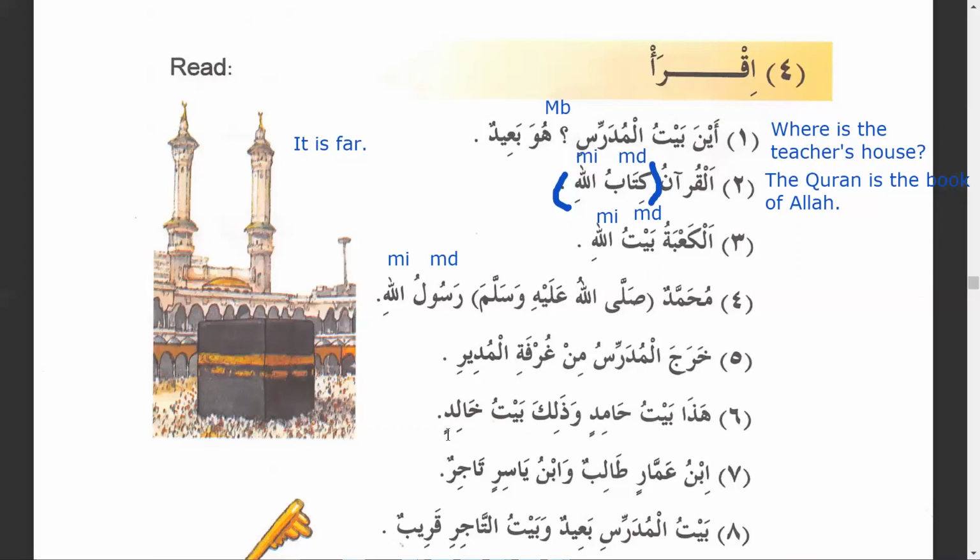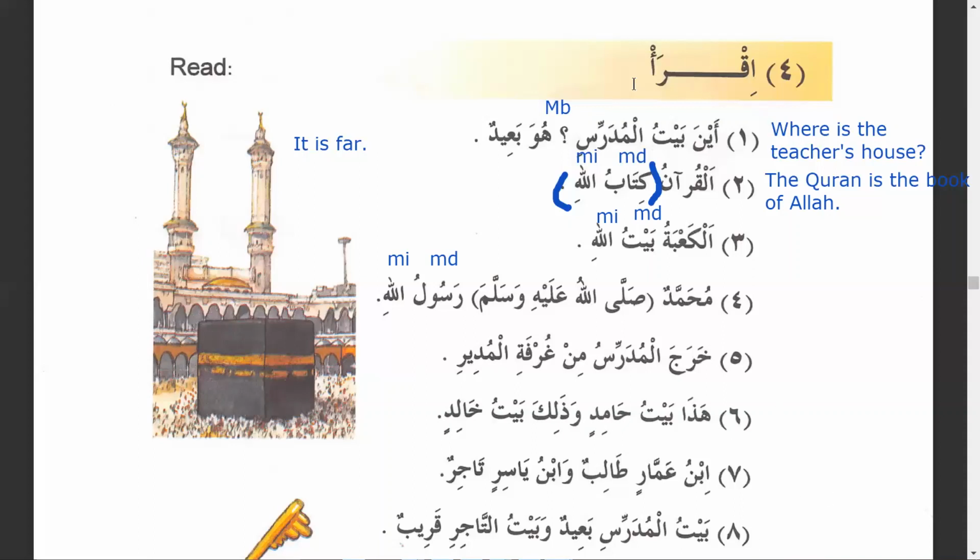How many idafa combinations do you see in this sentence? Two. Yes. What are they? Baytu Hamidin and Baytu Khalidin. Excellent. Very good.